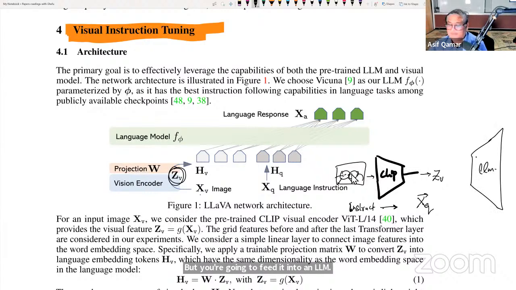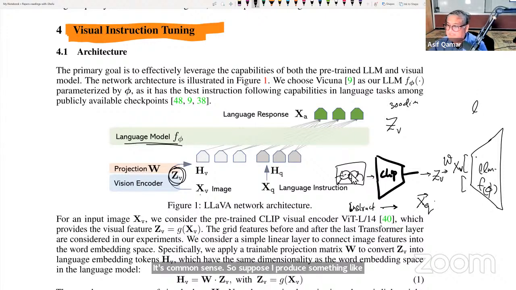If you're going to feed it into a large language model, which they represent as F5 here, you remember that you need to feed it vectors. The sizes must match. Every LLM takes data of a certain size. So in between, you'll have to bring in a projection to convert it to the right size. It's common sense, right? So suppose I produce something like this, and suppose this is 300 dim, but the LLM says, no, wait a minute, I will take something that is 1000 dim.